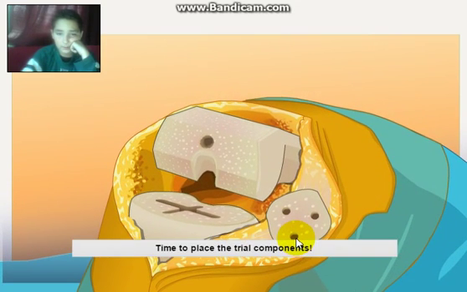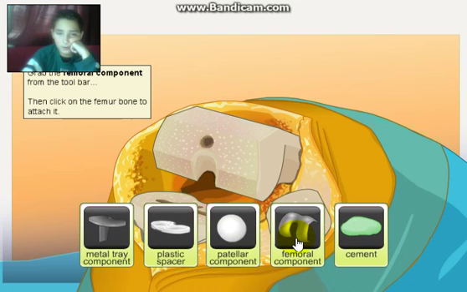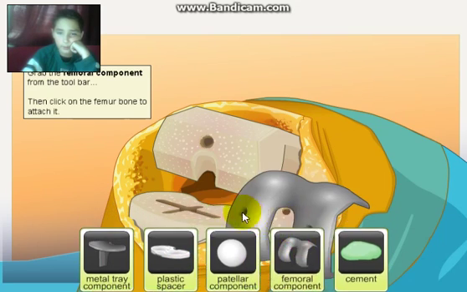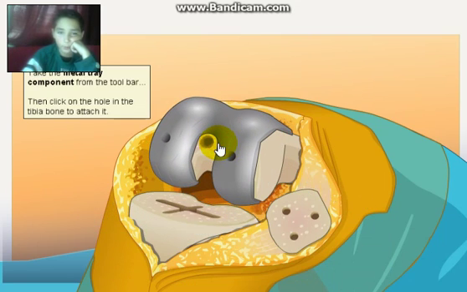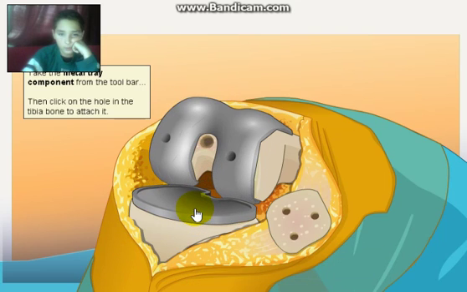Time to place the trial components. First, attach the femoral trial component. Attach the metal tray trial component to the tibia. Insert the plastic trial spacer into the metal tray component.